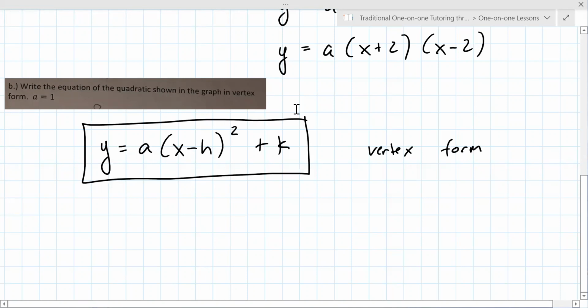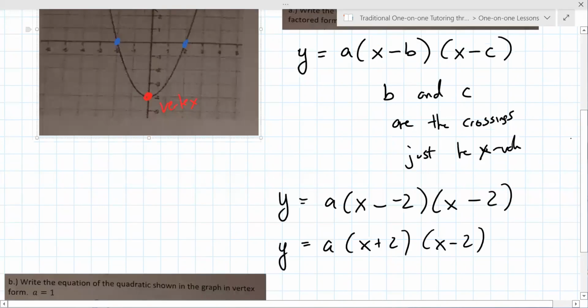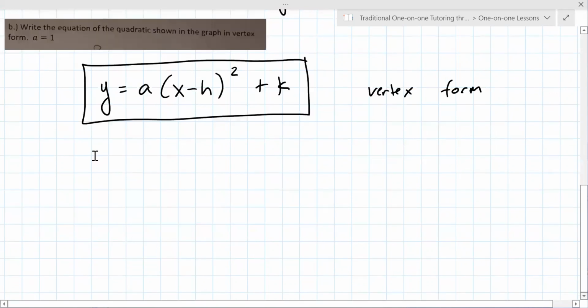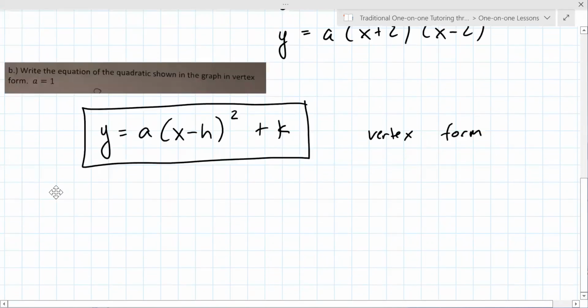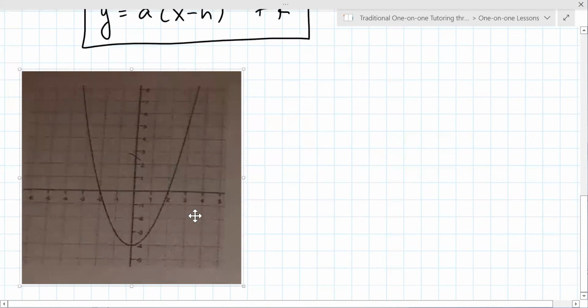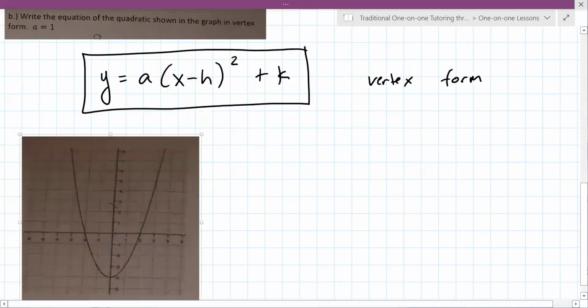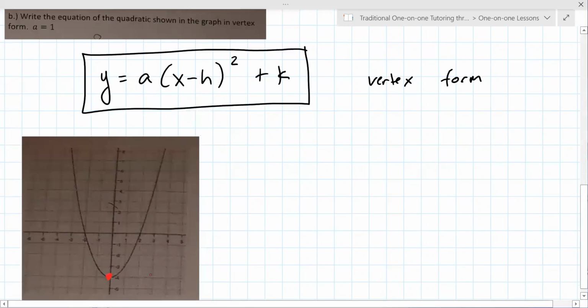Now, if we go back to the graph, and I'll bring the graph down again, because I think it's important to see here. The vertex is either that min or that max. So here's our vertex. Our vertex is at (0, -4). The vertex is always in this form, (h, k).